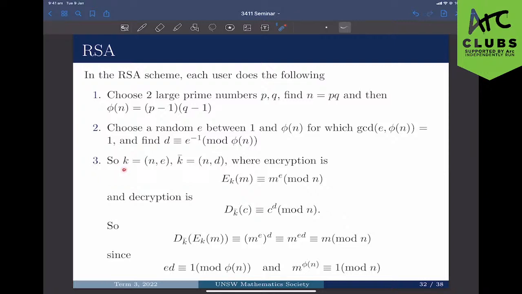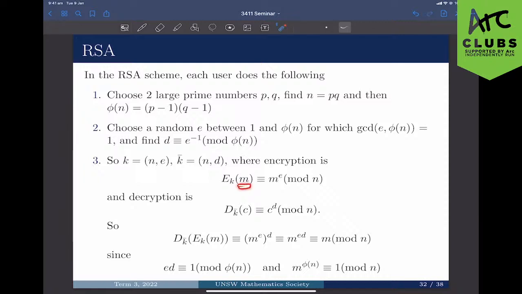The product of the primes, pq, it's okay if everyone knows that. But in the private key, what is special is d. So that's not going to be easy to get for the cryptanalyst.